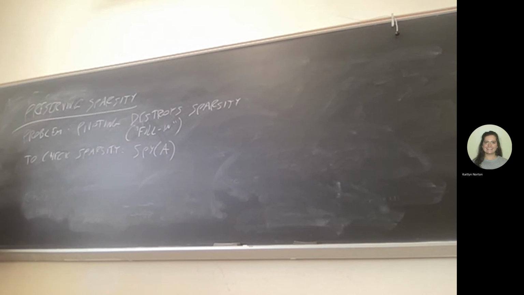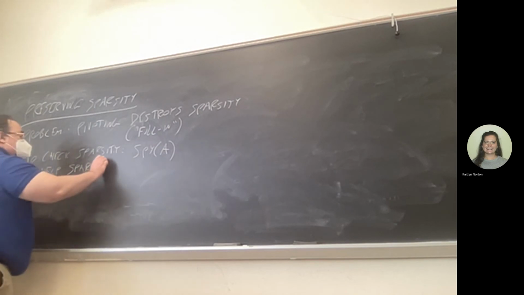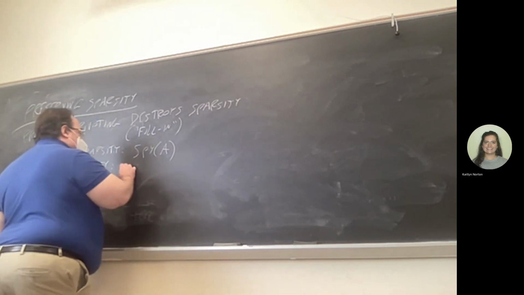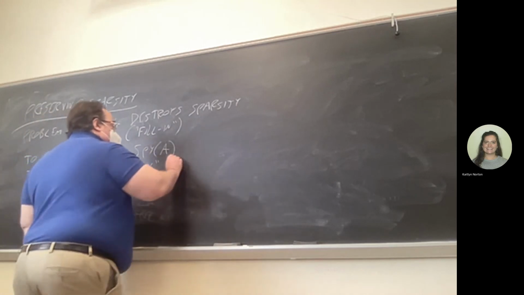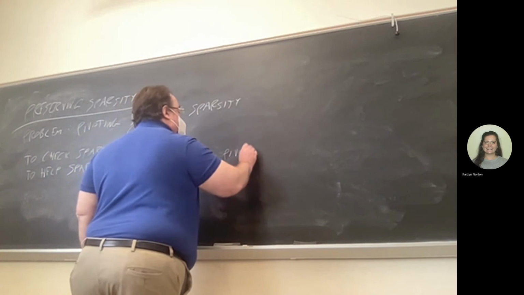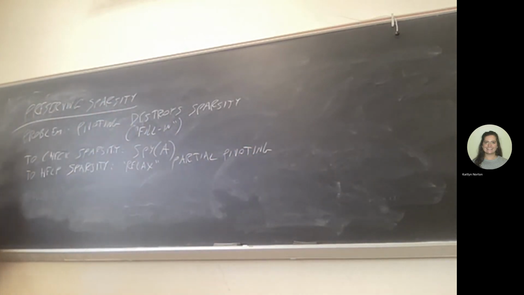Okay. Now, one thing that can be done to help preserve sparsity is, I don't recall the official term for this, but basically relaxed partial pivoting. And what I mean by that is, well, first of all, is there anyone who remembers how partial pivoting works?